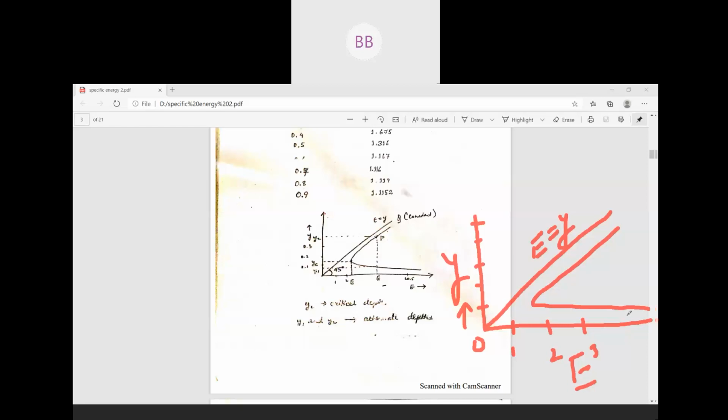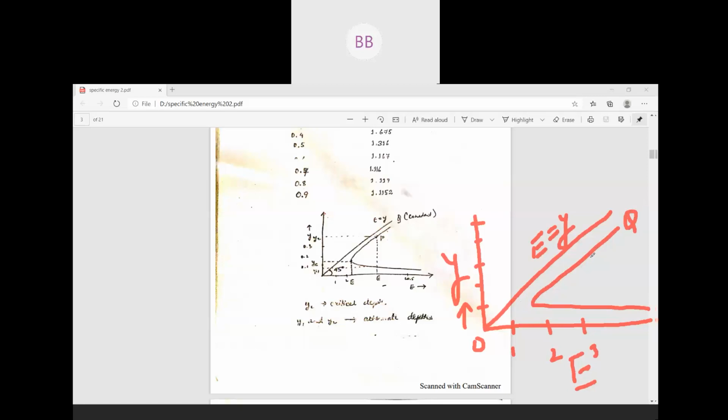So for minimum depth of flow you have maximum specific energy, and as you increase the depth of flow the specific energy reduces to a minimum value. Further increasing the depth of flow, the specific energy increases again. So this is your specific energy curve.